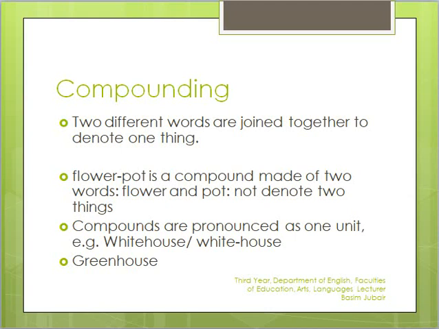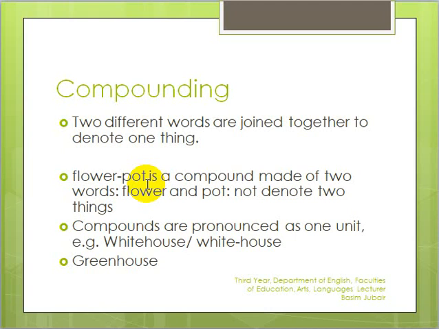Why compounding? Because it is a free morpheme plus another free morpheme to give us one compound morpheme or word. Now, if we take this example, flower pot, of course it is a compound word made of two words, flower and pot, the container of flower.